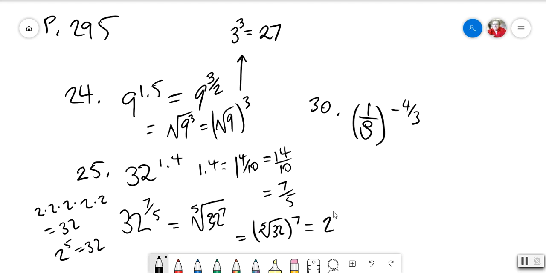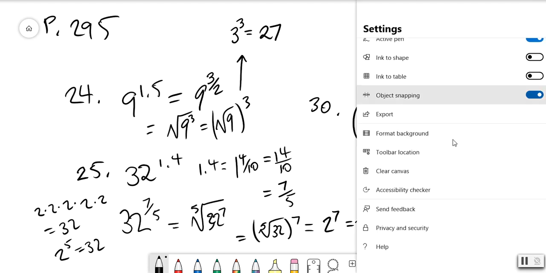So 2 to the 7th, well, 2 times 2 is 4, times 2 is 8, times 2 is 16, times 2 is 32, times 2 more is 64. So 64 times 2 is 128, which is the answer to that. So that looked awful, but it's not that bad. Let me clear the board and rewrite that so I'll have room for it.